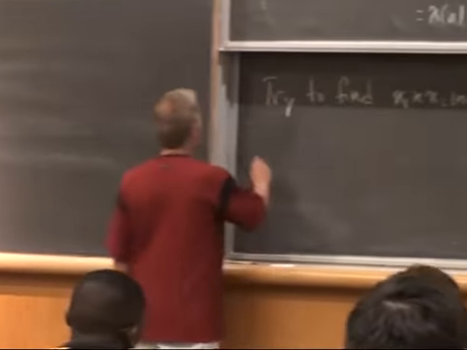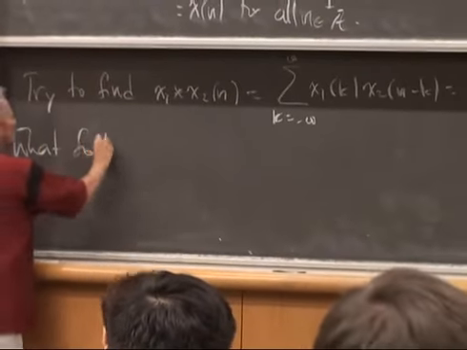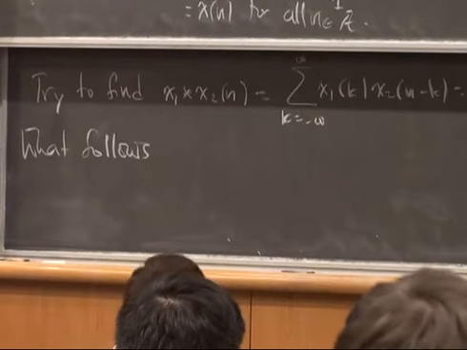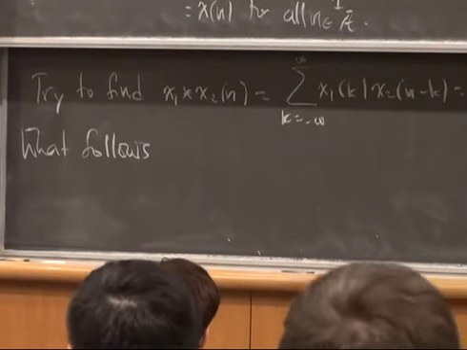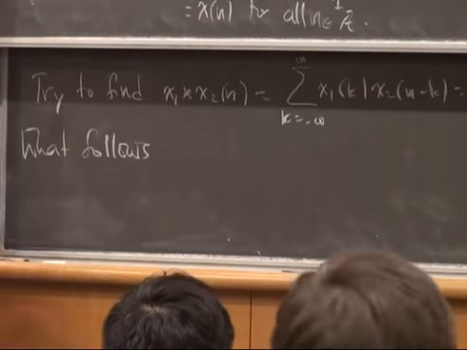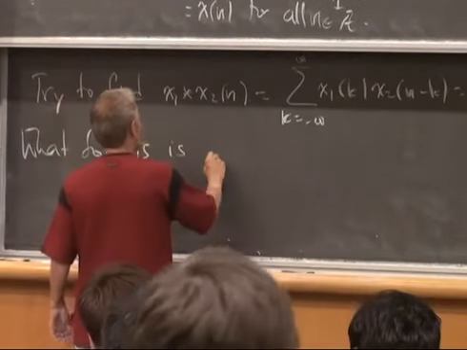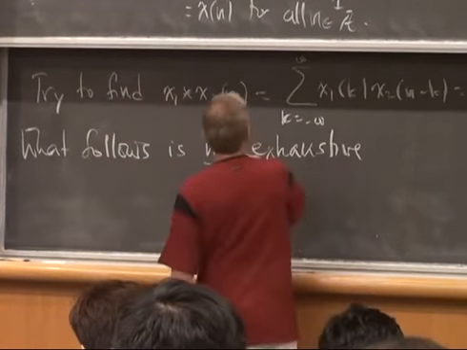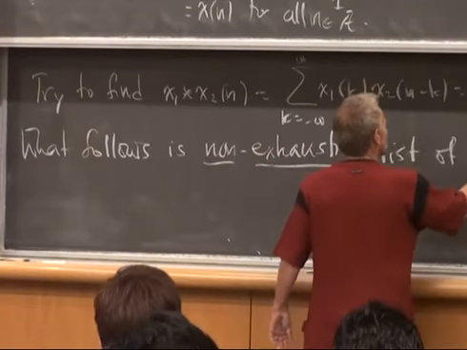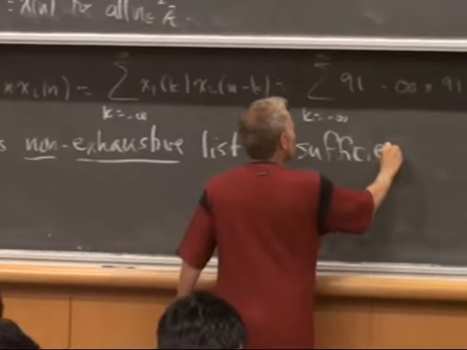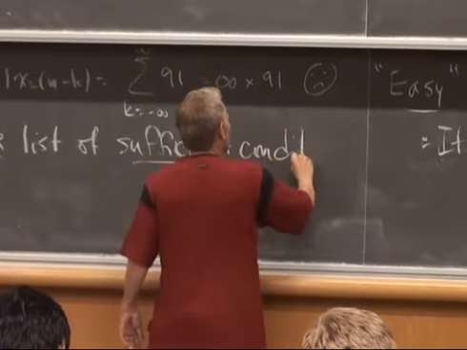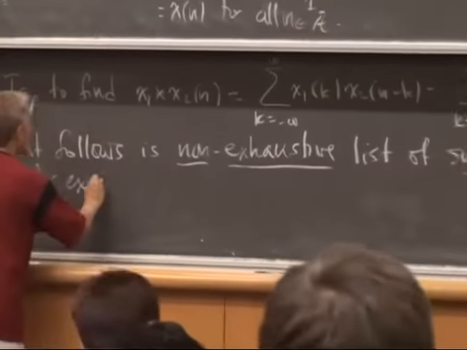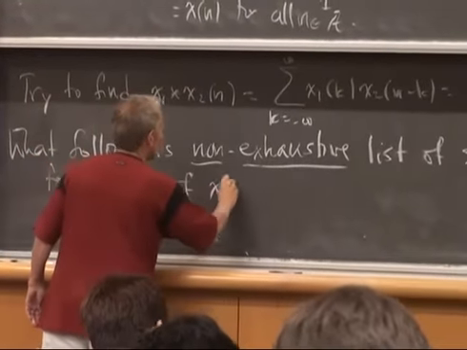What I'm going to do in what follows today is give you a non-exhaustive list of sufficient conditions for the existence of x1 convolved with x2. Now let me explain what I mean by non-exhaustive. And what I mean by sufficient conditions for the existence of x1 convolved with x2.